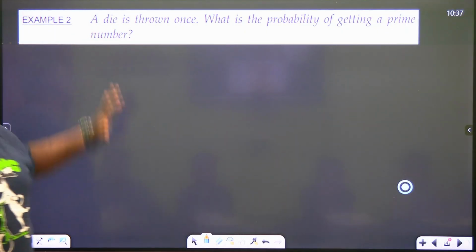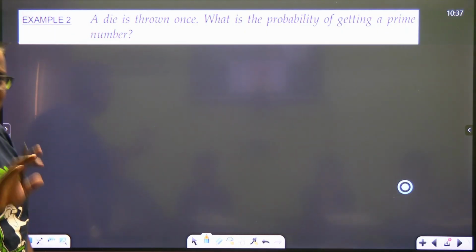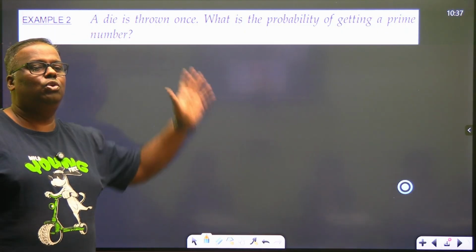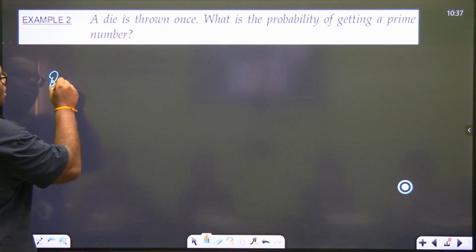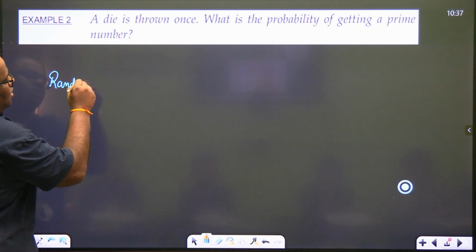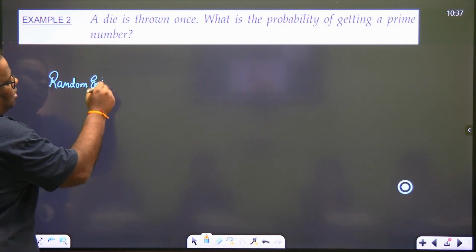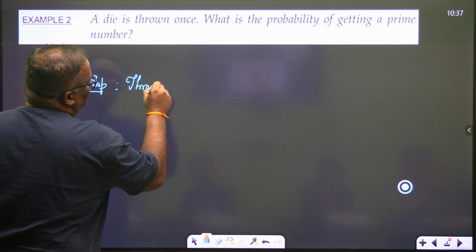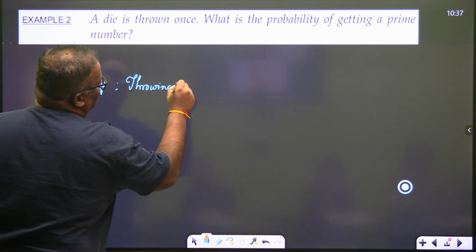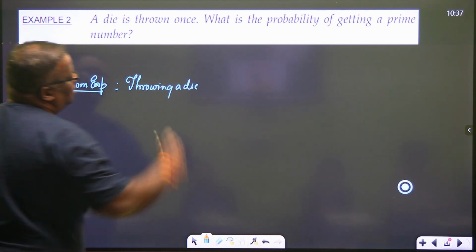A die is thrown once. Can you tell me what is the random experiment? Throwing a die, right? So our random experiment is throwing a die. Do you know the outcomes?